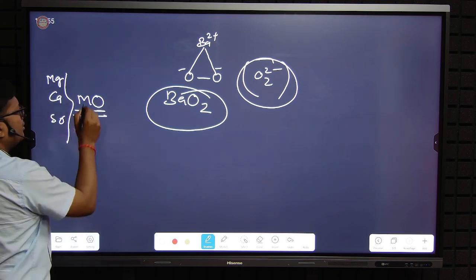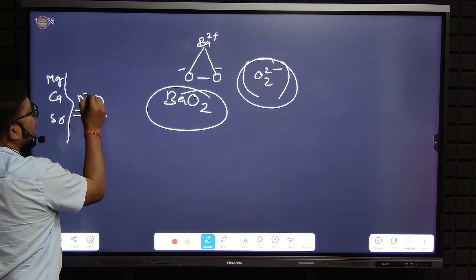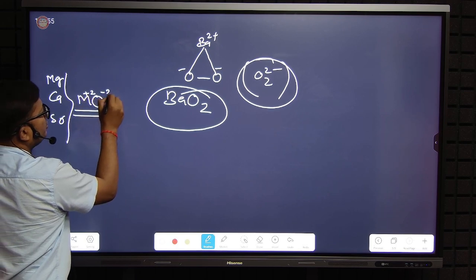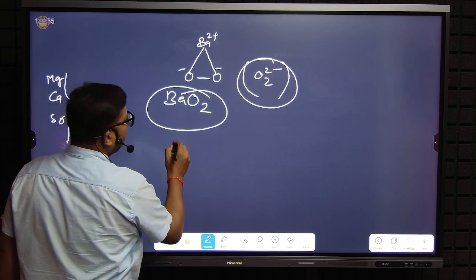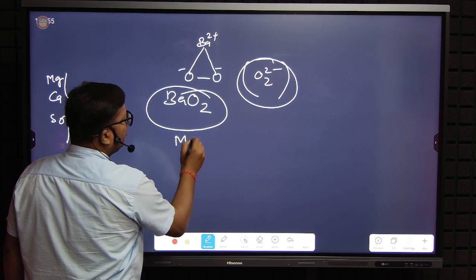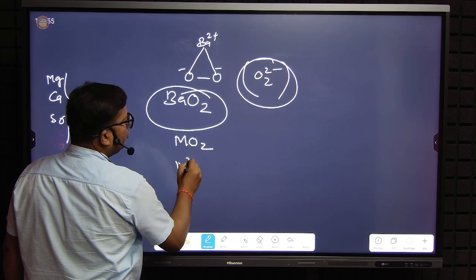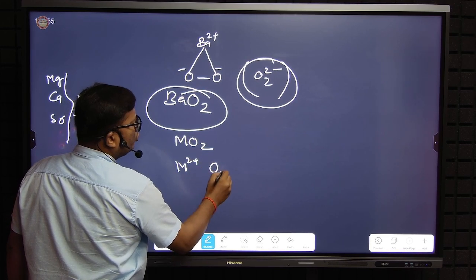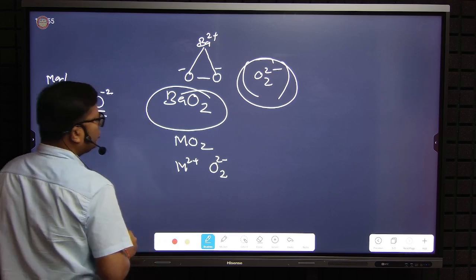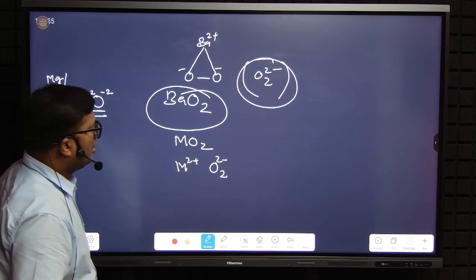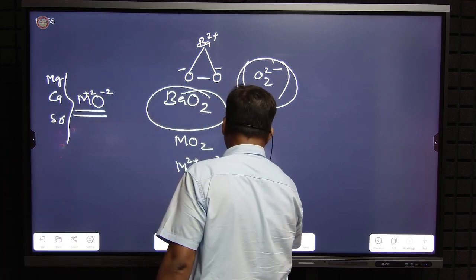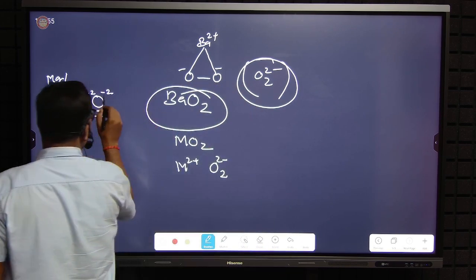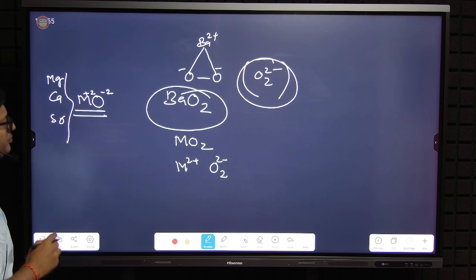All metals are in their +2 oxidation state, and oxygen has a -2 charge, or in the case of MO2, it contains M2+ and O2 2-. So there is no difference in overall charges. Here 2 minus, 2 plus; here 2 minus, 2 plus, right?